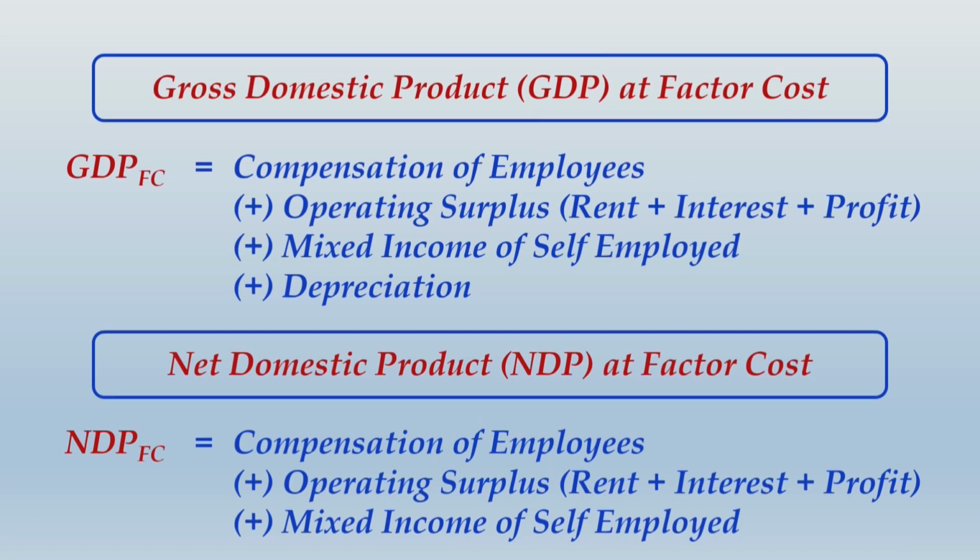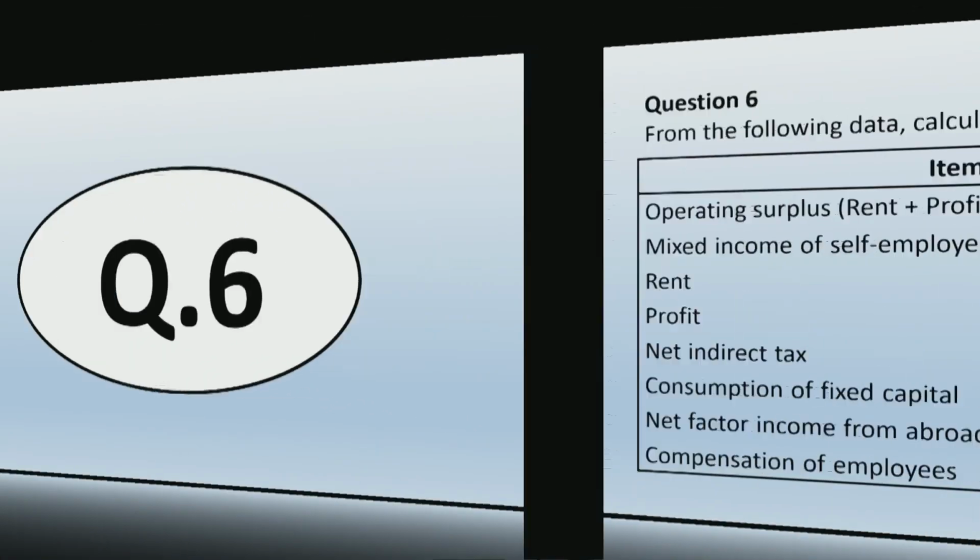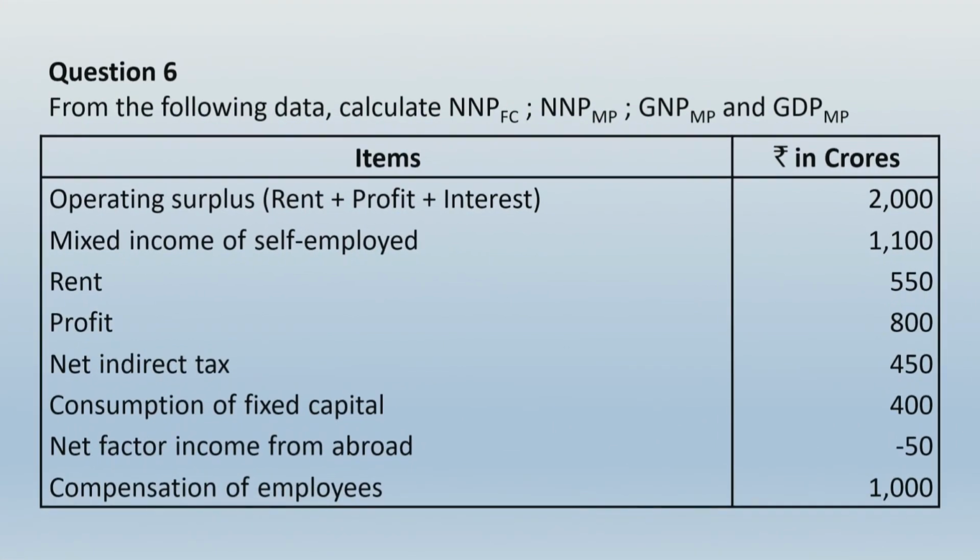Alright friends, once you have completed writing this much, let us take up some initial calculative examples to understand and put this under our command, and we will begin with question number 6 from your book. Let us read this question. From the following data, calculate NNP at factor cost, NNP at market price, GNP at market price and GDP at market price.